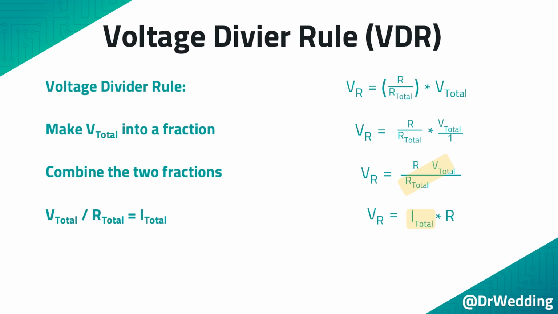So the equation becomes: the voltage across a resistor is the total current times the resistor value. Assuming the current through all of the resistors is the same as the total current is why this equation only works with a series circuit. So the voltage divider rule is just a specialized version of Ohm's law that has limited use.